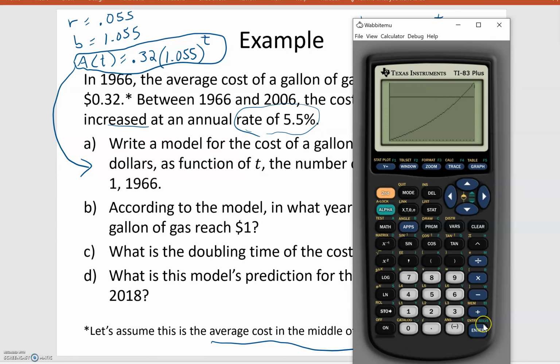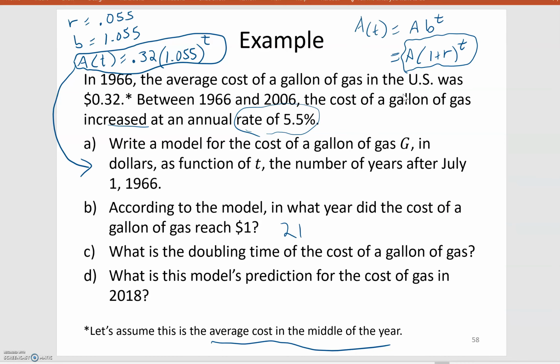Hit enter again, and there's our intersection, 21.28. So we're assuming that we're in the middle of the year, so 0.28 will not be enough to push us into the next year. So we just need to go 21 years from 1966. And so what would that be? That would be 87.